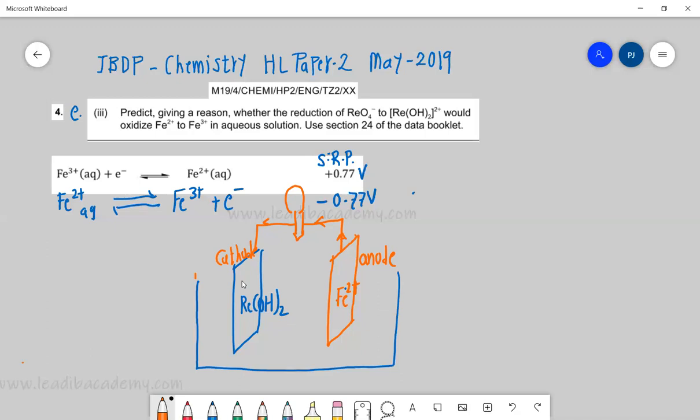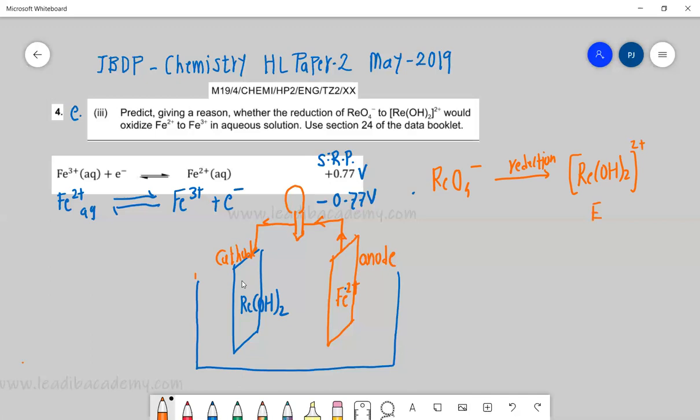We have already seen that ReO4- getting reduced, I'm just showing in short, we already saw in the previous question, getting reduced to ReOH2 2+.